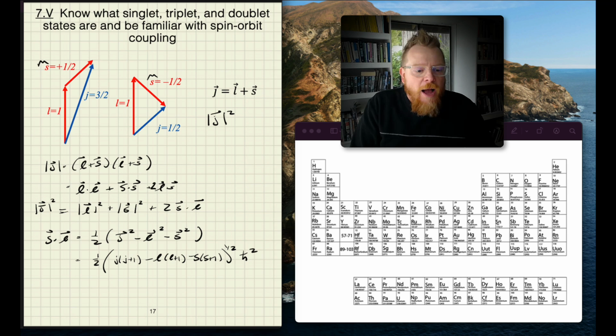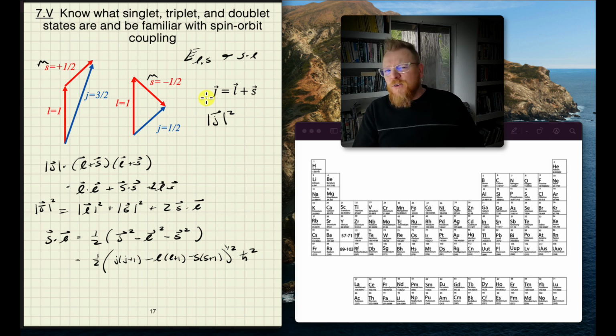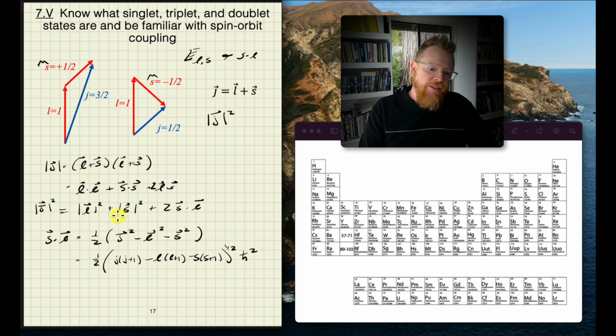Okay. So continuing along with that, we noted that the energy of interaction between S and L is proportional to that scalar product.